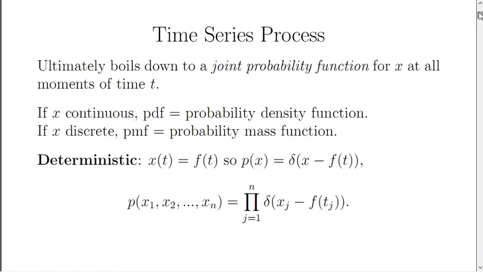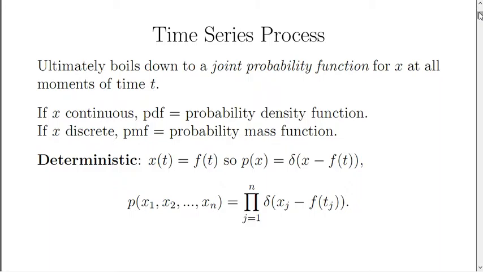Identifying a time series process really boils down to figuring out the joint probability function for all x values at all moments of time. If x is continuous, it comes to a PDF or probability density function. If x is discrete, it comes to a PMF or probability mass function. A deterministic process means that the data values at some time are some function of time.